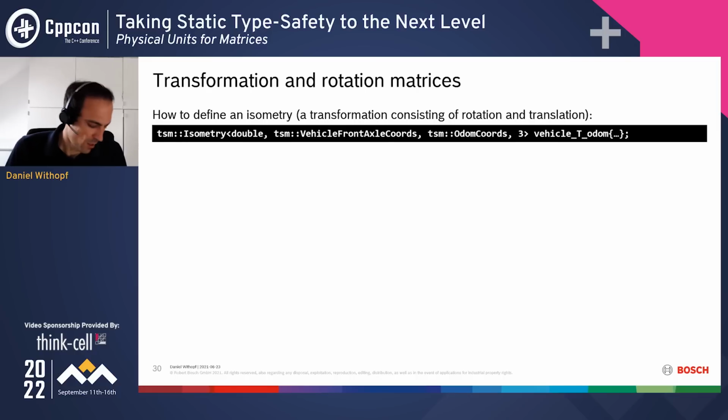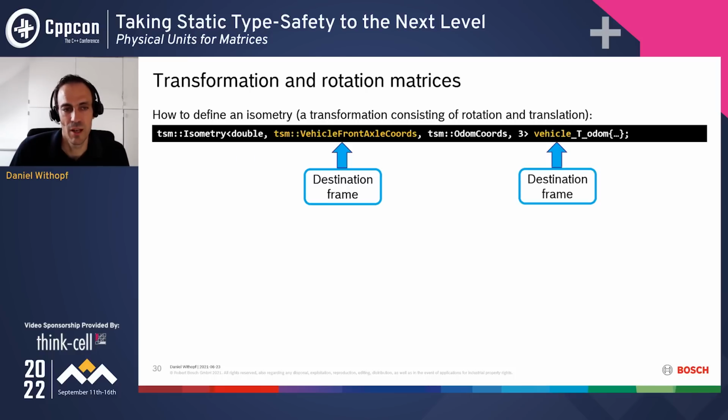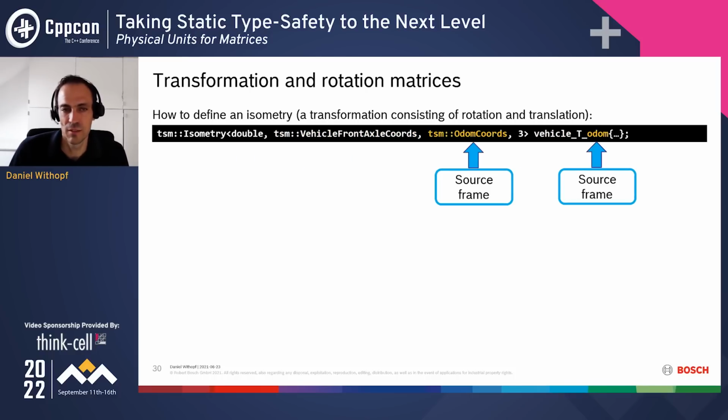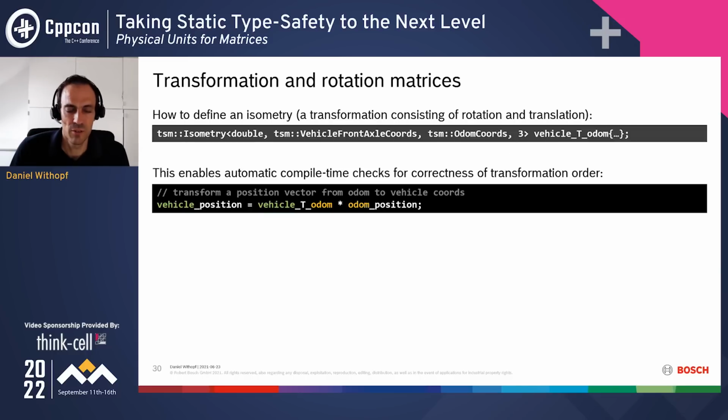That's of course possible. Time's already a little bit running up, so I think I'll briefly skip over transformation and rotation matrices. Just so much: it's also possible to specify transformations between different coordinate frames with the library. That would be an isometry in that case. You specify the source and destination frame and the dimension, and then you can transform a position in one frame with a transform that goes from odom to vehicle frame to get a position in vehicle frame.